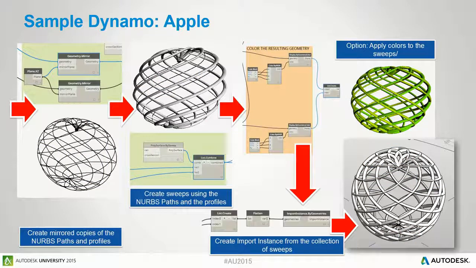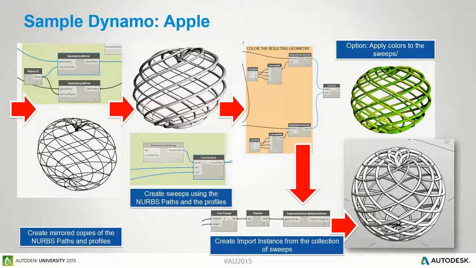Also, we have to create mirrored copies of those NURBS paths and profiles. After creating those mirror paths, we'll create the sweeps using the NURBS paths and the profiles. So our apple was created using the original copies of our NURBS path, and the mirrored paths are not yet created at this stage. When we create those sweeps, we can apply colors if we want.